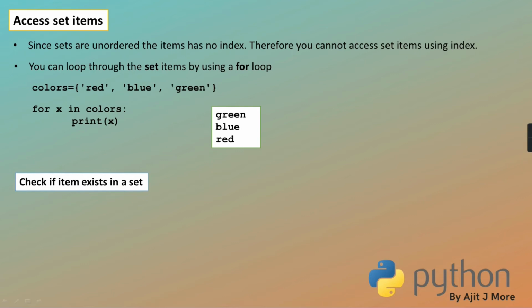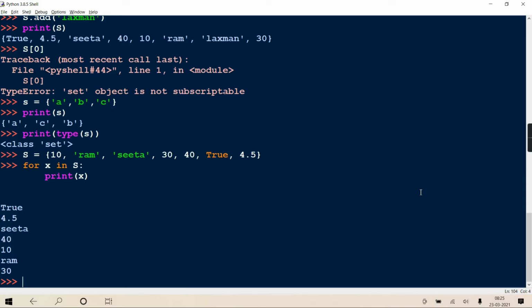Then checking whether an element is present in the set or not. This is exactly the same as the previous two data structures, that is list and tuple. The in operator is there. Using the in operator, you can check whether an element is present in the set or not. If the element is present in that set object, it will give you true. Otherwise, it will give you false. So I'll take this set only.